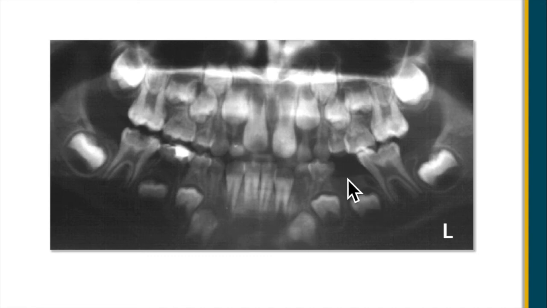So tooth number K is missing, and it's a long time before number 20 is going to make it up there. And the problem with that is this tooth will tip into that space and cause malocclusion. So this tooth would be number 18. You may want to pause it and label those teeth in your mind.